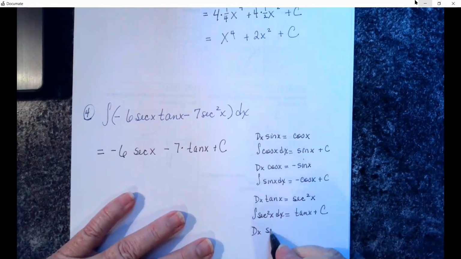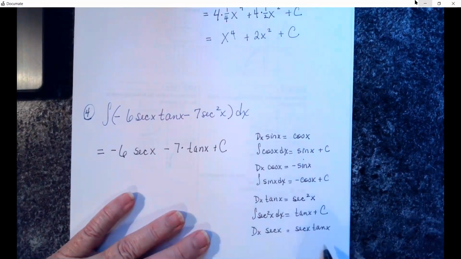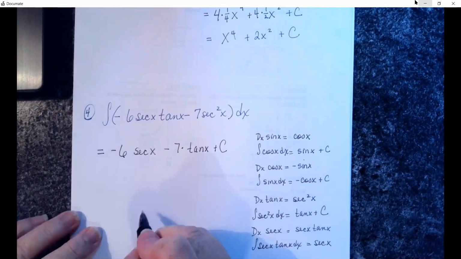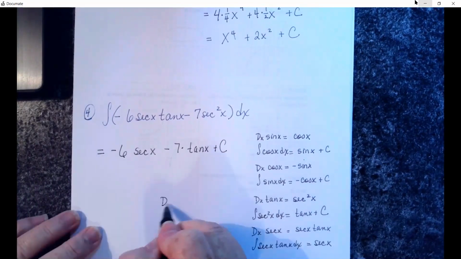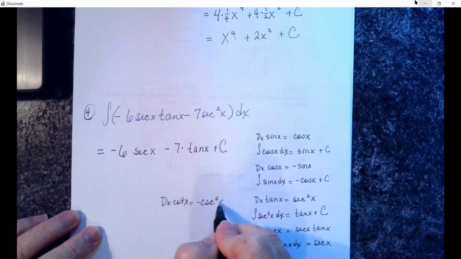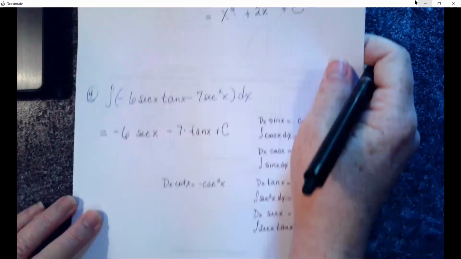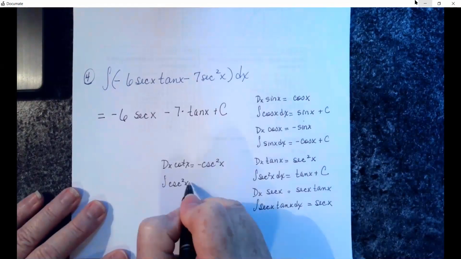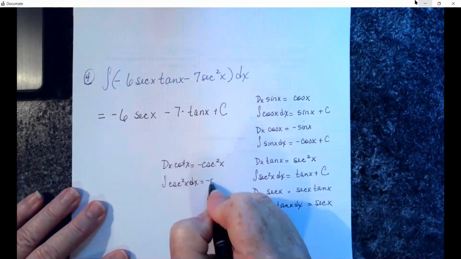Derivative of secant is secant tangent. So we're going to reverse it with integration and get the integral of secant x tangent x dx would be secant x. And then I've got cotangent x. The derivative of cotangent x is negative cosecant squared x, which means that the integral of cosecant squared x dx is negative cotangent x.